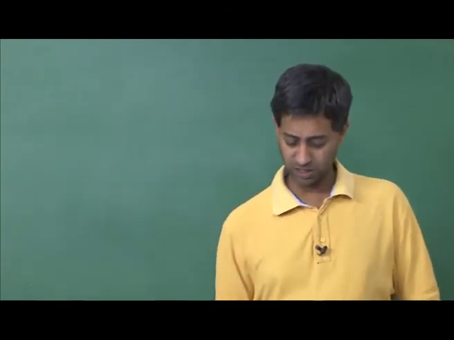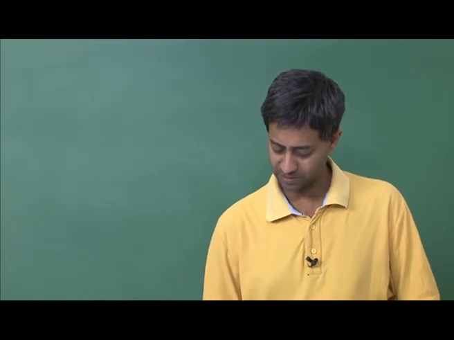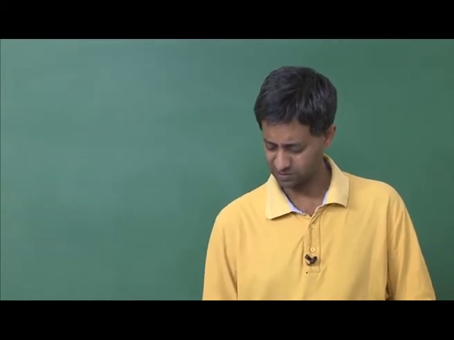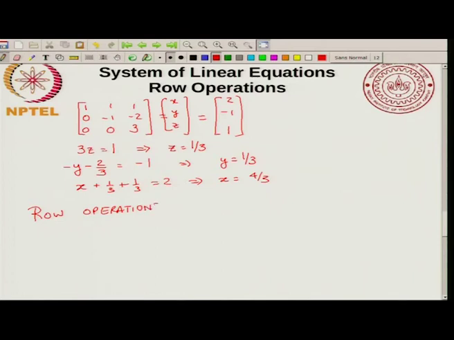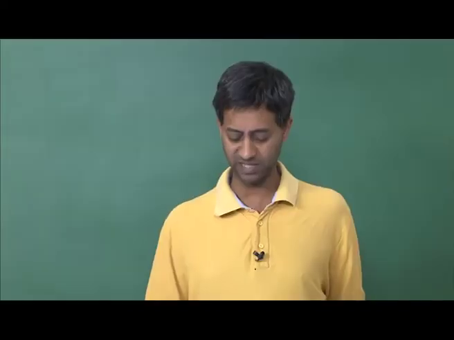So row operations can be used to solve equations, in a way that we did without using determinants. If you have really large matrices, calculating determinants each time becomes very tedious, whereas if you do row operations, you can quickly solve the equations.